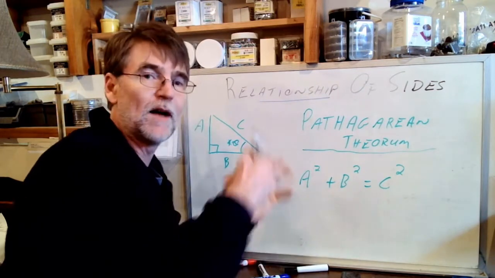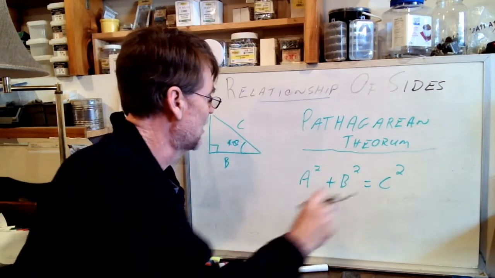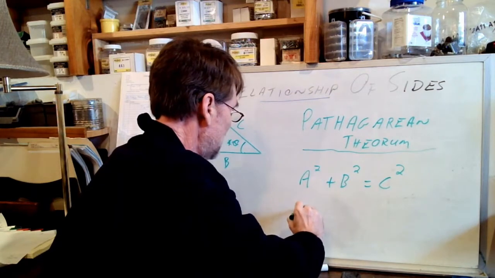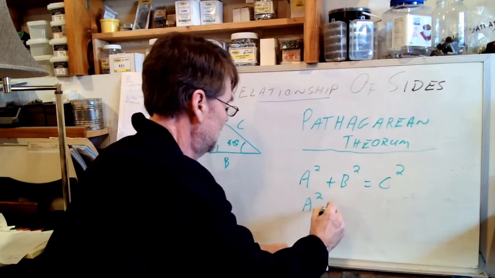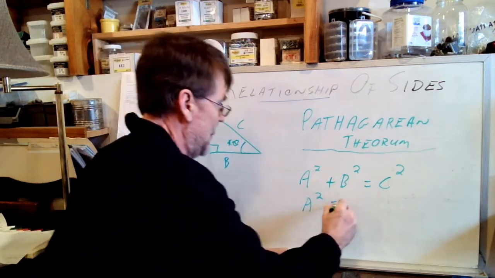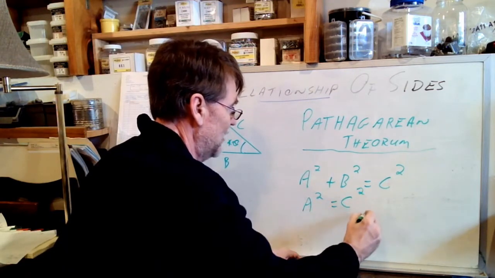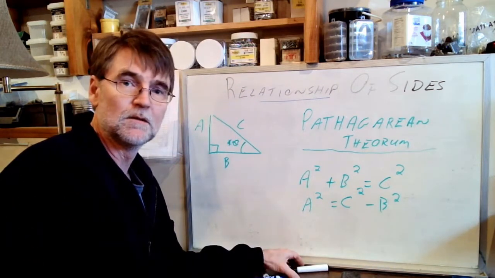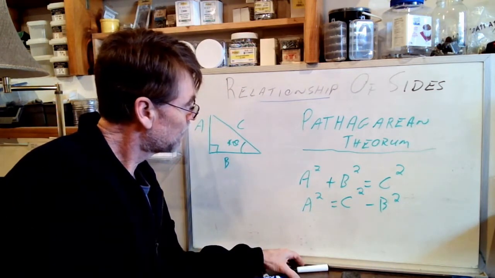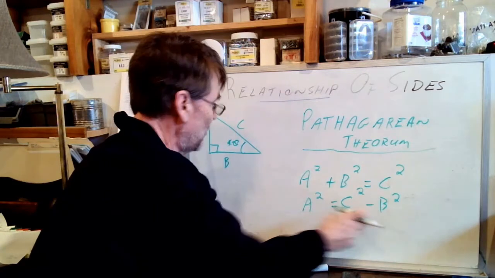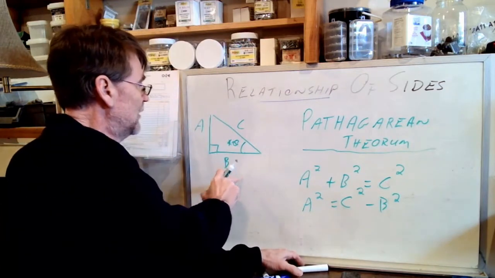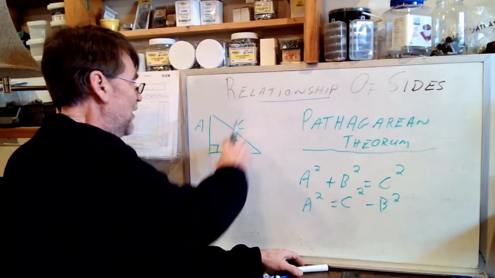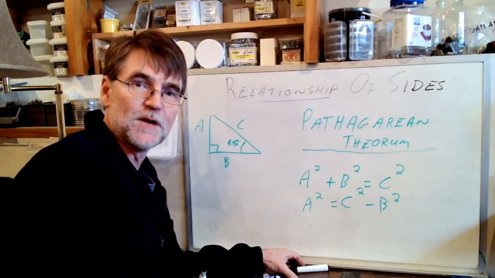Okay, we can do all kinds of algebra to manipulate this, and we could say that a squared is equal to the hypotenuse squared minus that other side squared. Okay, so when we want to find A or B, it's going to be C squared minus the square of the other side.